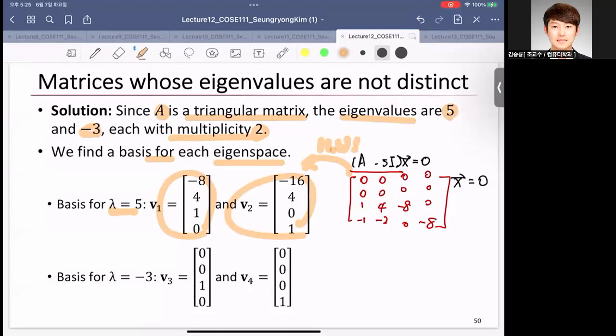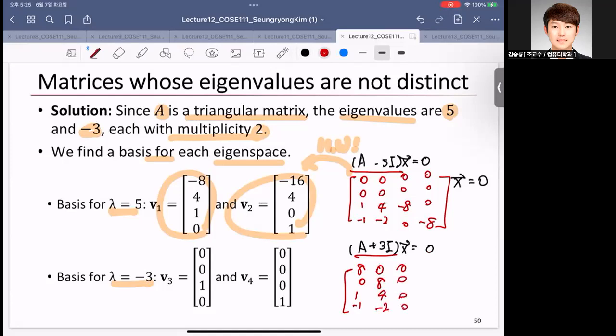Similarly, for lambda equal to negative 3, your eigenvectors are going to be in the eigenspace such that A plus 3I times x is equal to the zero vector, where this matrix has rows 0, 1, negative 1, 0, 4, negative 2, 0, 0, 0, 0, 0, 0, 0, 0.